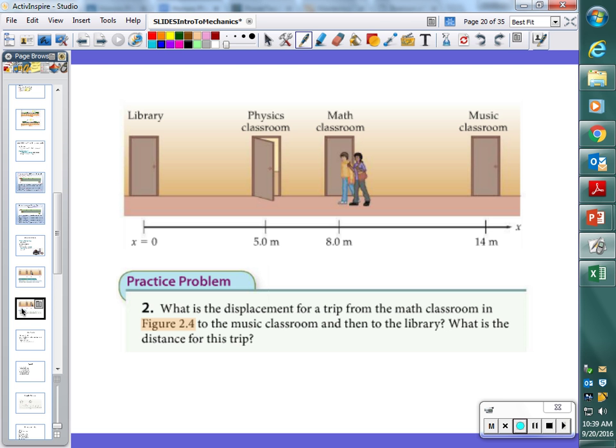One says quick example 2.2, and then there's this one that says practice problem number 2. I'd like you to do practice problem number 2 because you guys are a little bit behind the other class, so I want to try and get us caught up today, okay? So instead of doing both of those problems, we'll just do practice problem number 2. So let's take about a minute and talk to the person next to you, and let's answer those 2 questions that are involved with practice problem number 2. Ready? Go.